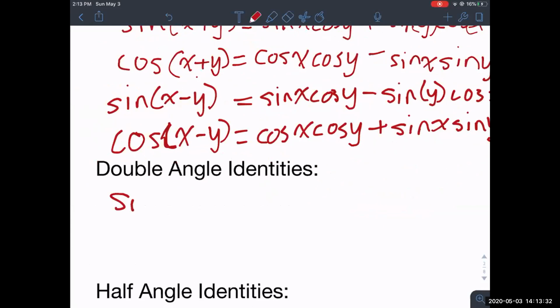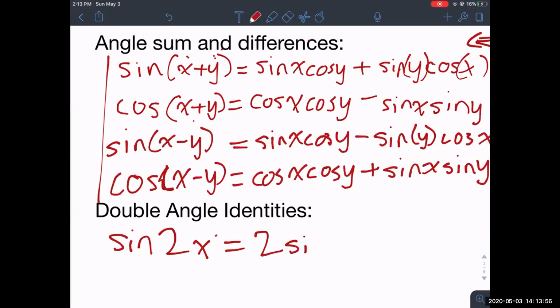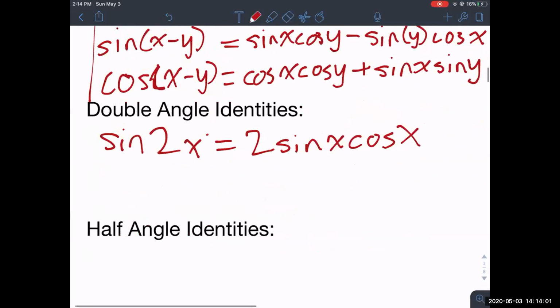These can definitely be derived from these, because all you have to do is put x and y as the same value. Just say both of them are x, and then you'll get the double angle identities. These are pretty easy to rederive, but they're still very handy to know off the top of your head. So sine 2x is equal to 2 sine x cosine x. And cosine 2x actually has three different forms.